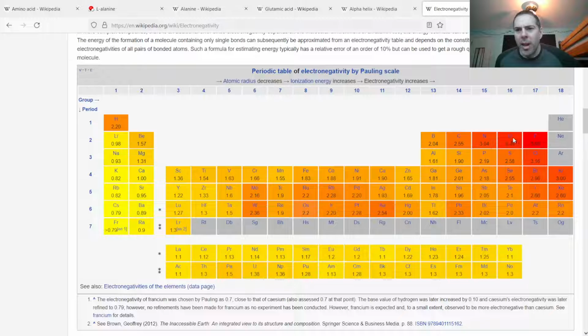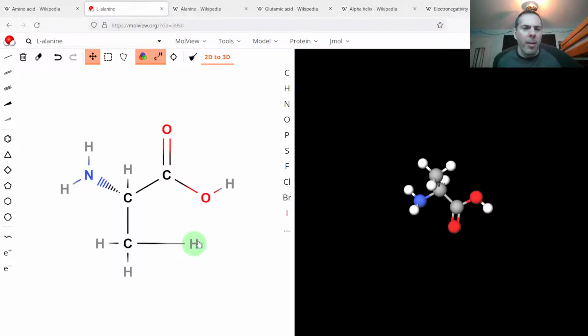But if you look at oxygen versus hydrogen, you can see oxygen 3.44, hydrogen 2.2, and oxygen is going to have a stronger pull on those electrons. So compared to water, I'm going to draw a little water molecule over here. The water molecule is going to be charged. Oxygen will be more negative. The hydrogens will be a little bit positive, with a slight delta charge on them.